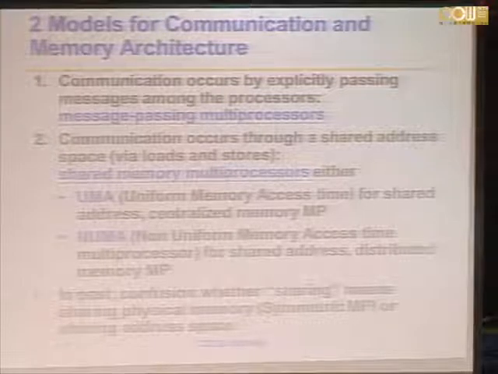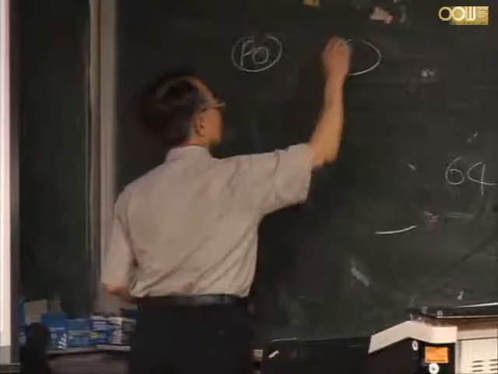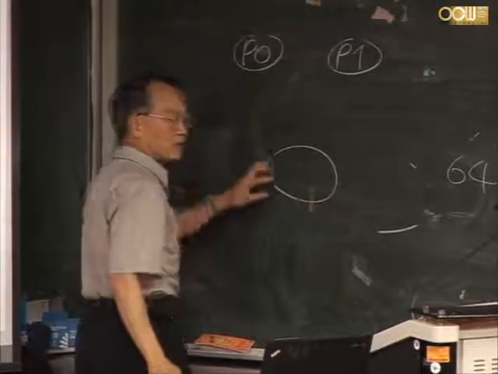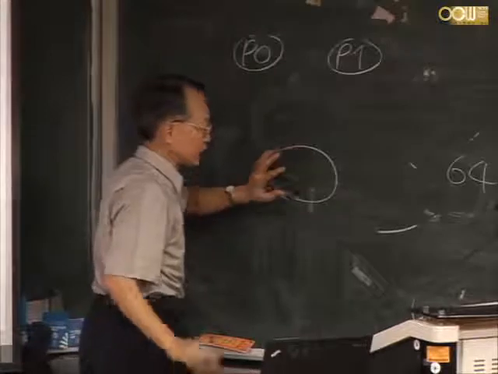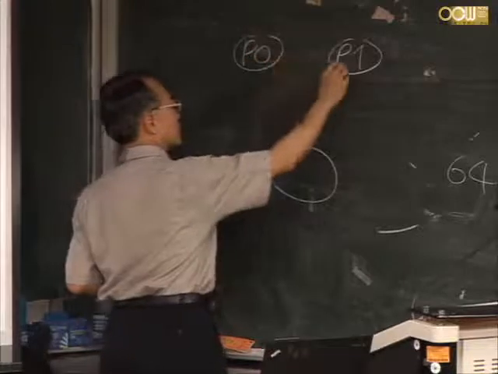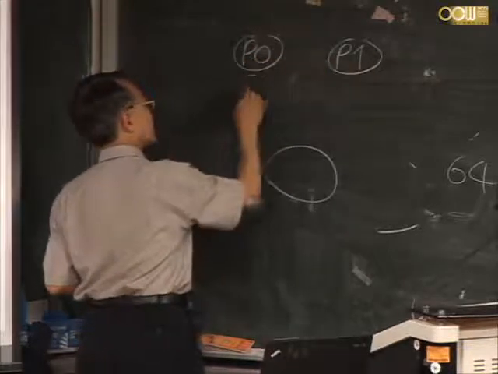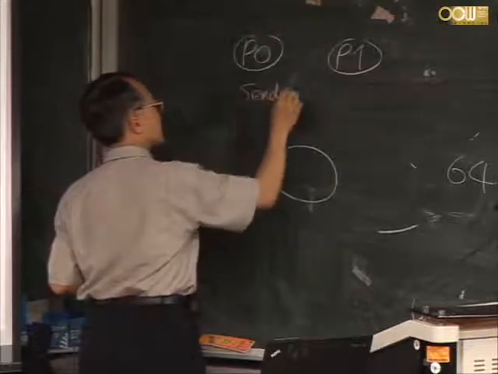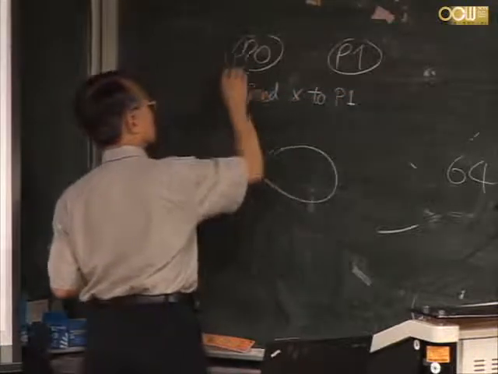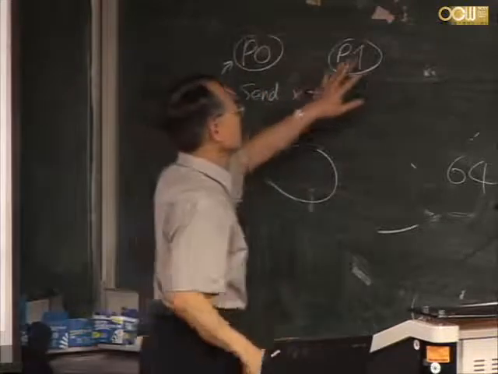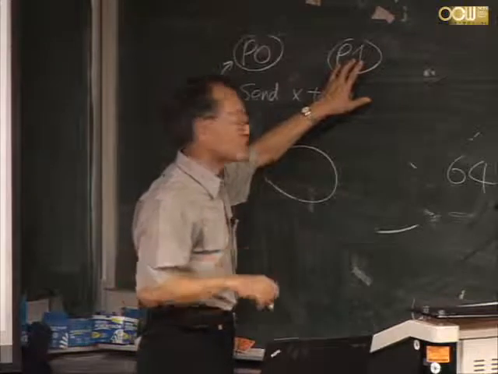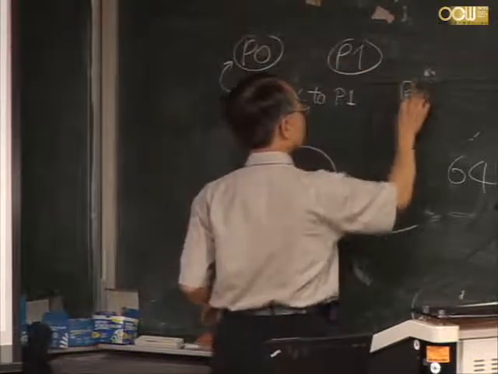I have many processors, P0, P1, and I have memory. Whether centralized or distributed, I don't care. When this processor wants to communicate to that processor, if it says send, then in P1's program there will be a corresponding statement saying receive.